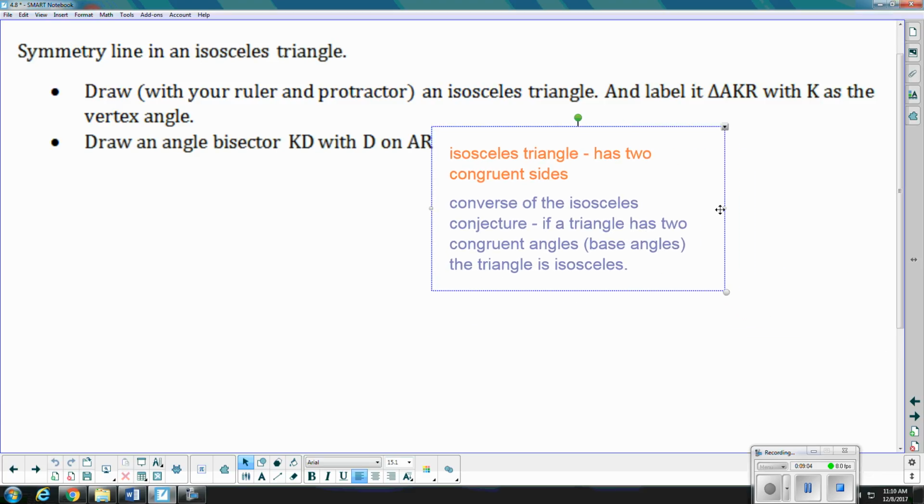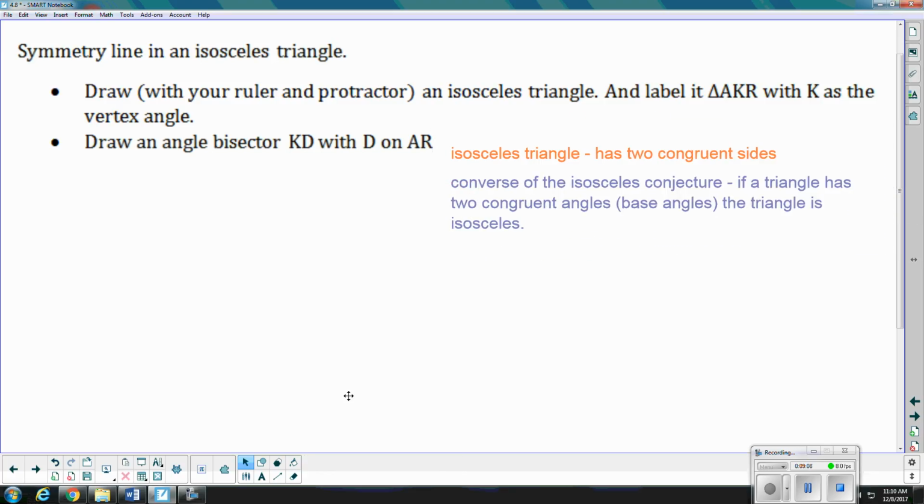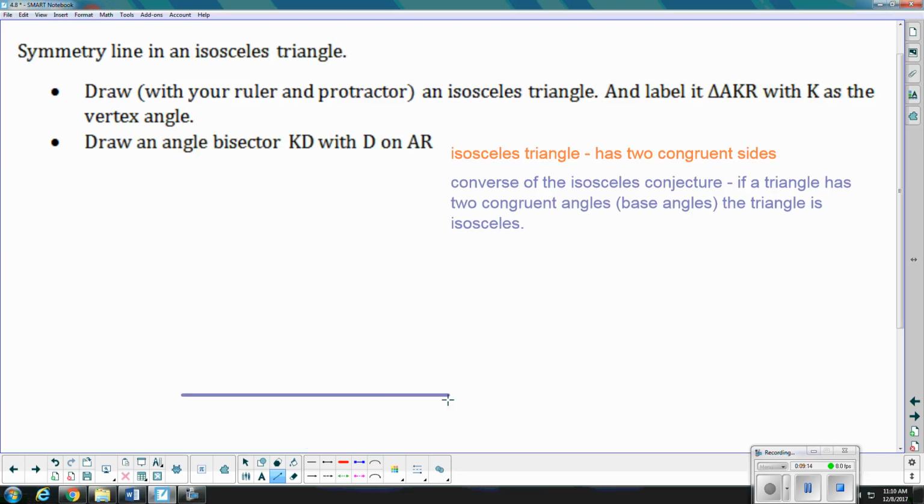So you can use a ruler to measure the sides if you want, or you can use a protractor to measure the angles. So I would start with a segment, and you can make your base angles 10 degrees, or 40 degrees, or 60 degrees, it doesn't matter.